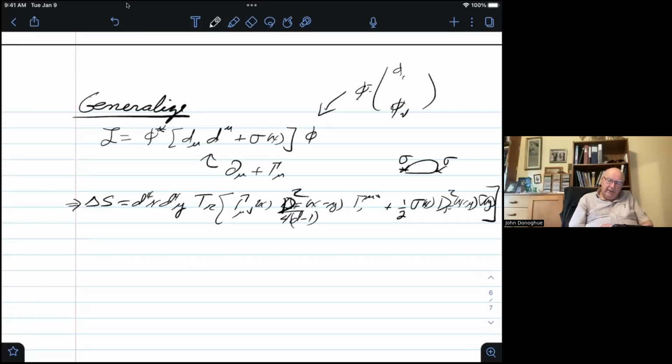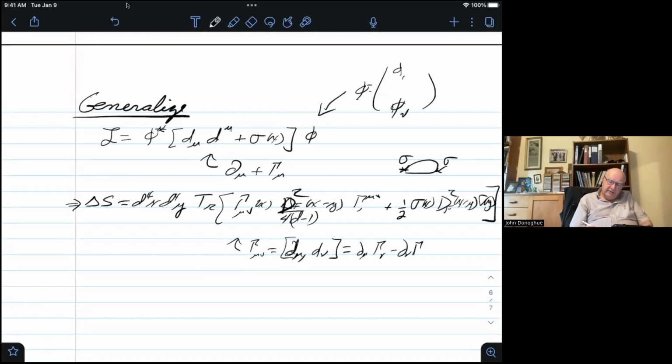The thing that I haven't shown you is if this is multi-component, this gamma mu nu is d mu commuted with d nu, which is d mu gamma nu minus d nu gamma mu.